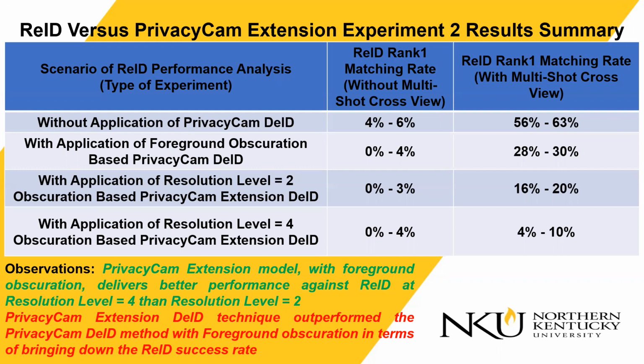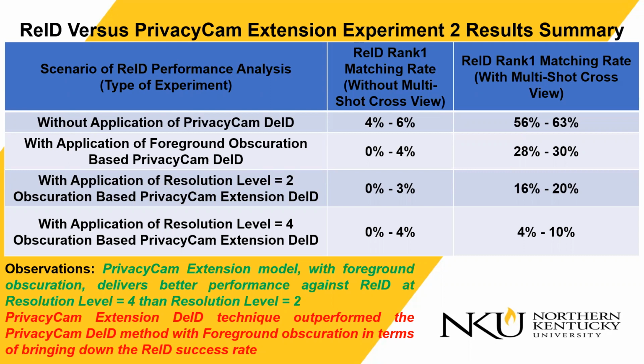But now the interesting results, which you can see over here, is that with the privacy cam extension de-identification technique at resolution level 2, we actually achieve a further decrease in the re-identification success rate. That means the re-identification rank 1 matching rate drops to 16% to 20%, an average of about 18% at resolution level 2, which is significant.